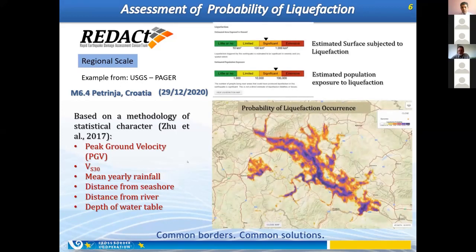This is the kind of map that we can expect, which means this is the probability of liquefaction occurrence. And according to the chromatic scale, we can see where it is most probable and less probable that liquefaction can occur. On top of that, we also get an estimated surface subjected to liquefaction and an estimated population exposure to liquefaction.